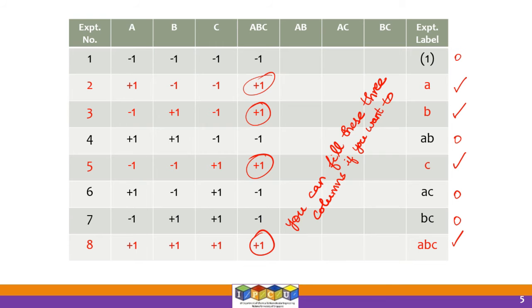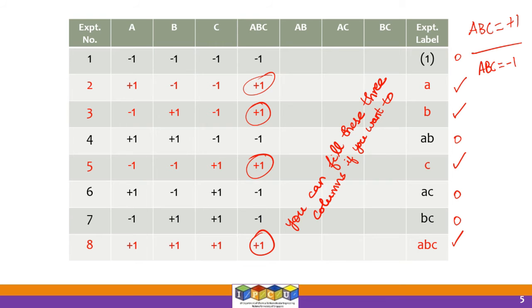So I have categorized them separately and indicated them with black font. So we have four experiments of the type ABC equal to +1, and four experiments of the type where ABC is equal to -1.